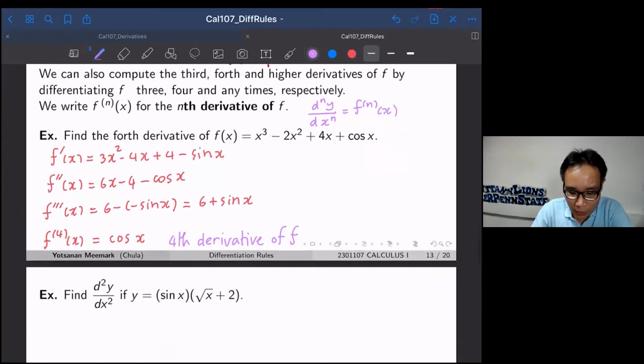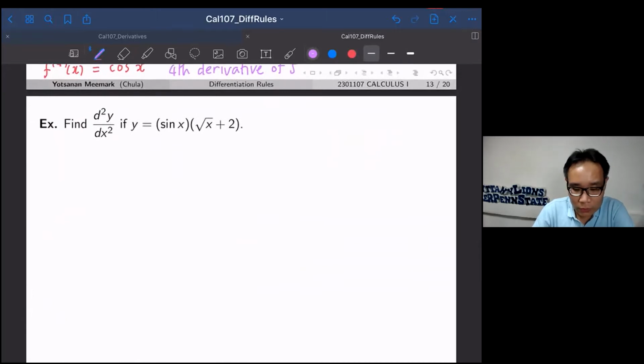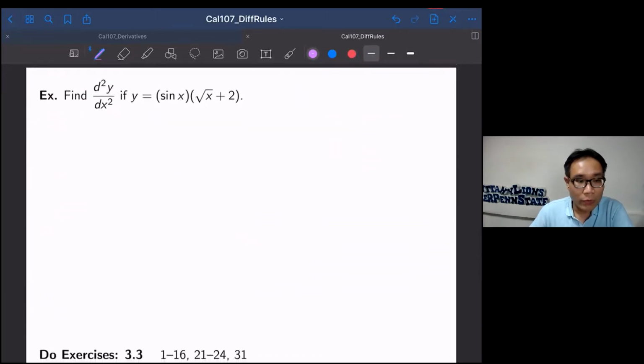The second one: y equals sine x multiplied by the square root of x plus 2. In this case, you'd like to find the fourth derivative of this function. You just have to find y prime first.